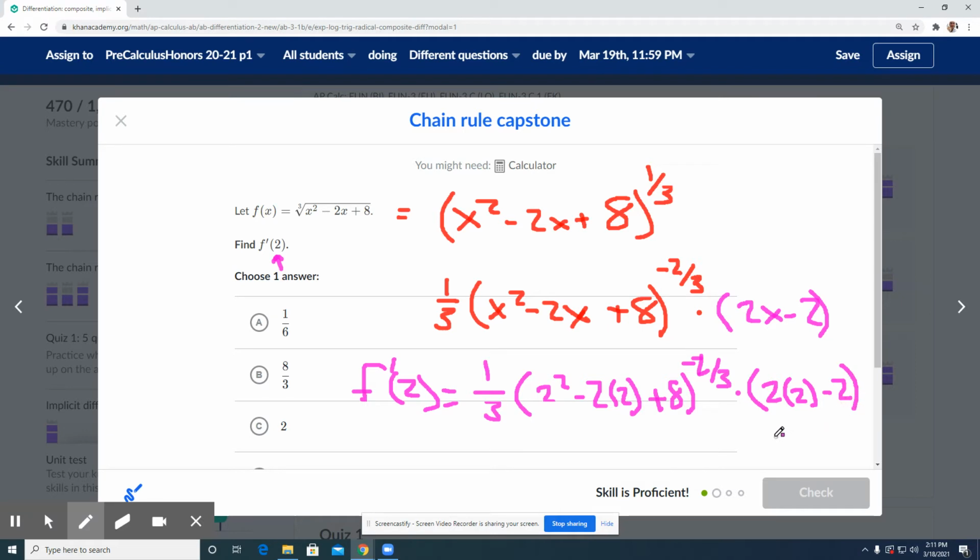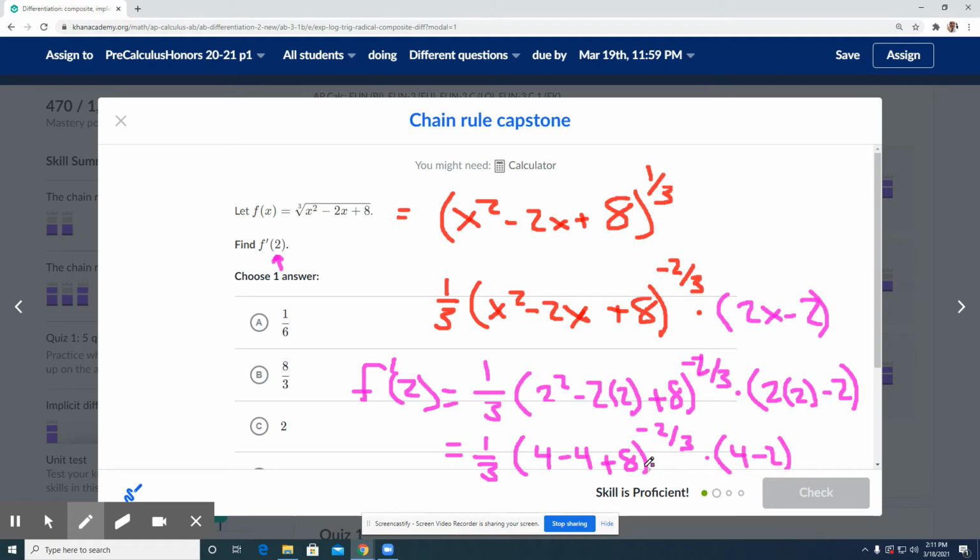All right, let's go ahead and keep simplifying. Equals, order of operations now. 2 squared is 4. Negative 2 times 2 is negative 4, plus 8. All of this is to the negative 2/3 power. Times 2 times 2 is 4, minus 2.